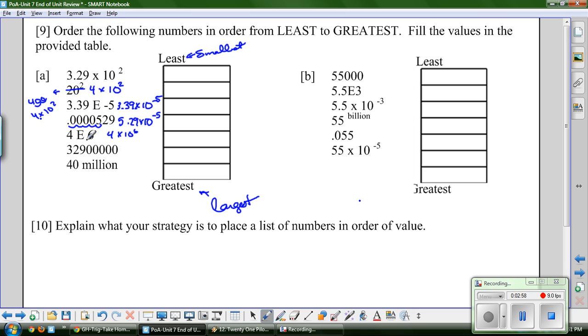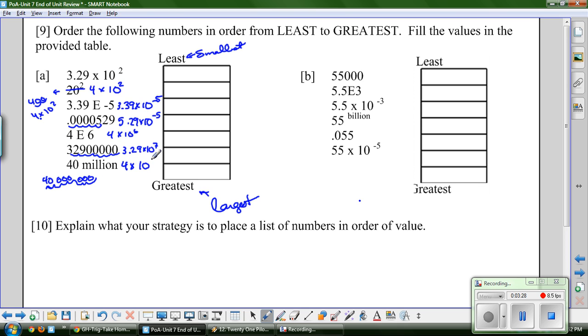This has moved 1, 2, 3, 4, 5, 6, 7 places, so 3.29 times 10 to the 7th. Let me recount there. 1, 2, 3, 4, 5, 6, 7. Yeah. And 40 million, well, that's not so bad. We just have to write it out first. That's 40 million. So in scientific notation, I'm going to move that 7 places. This turns out to be 4 times 10 to the 7th.